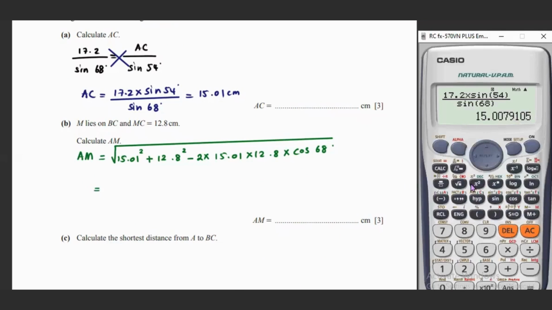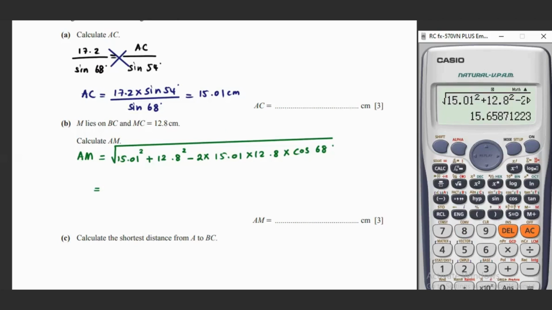So we have the square root and we have 15.01 squared plus 12.8 squared minus 2 times 15.01 times 12.8 times cos of the angle, which is cos 68.